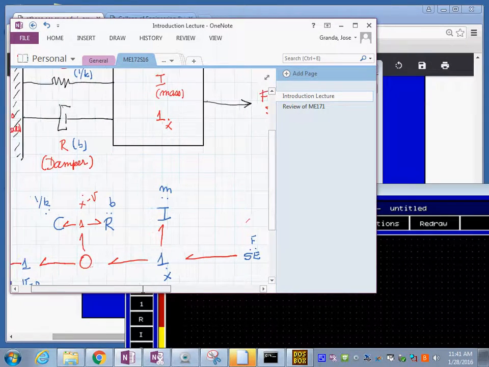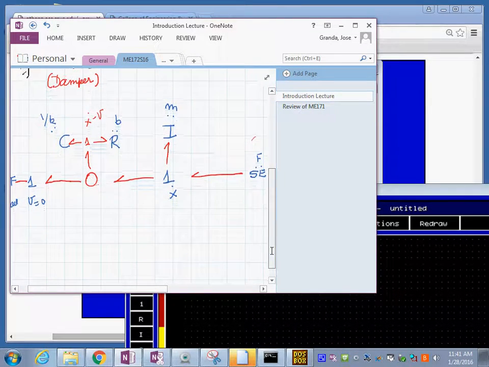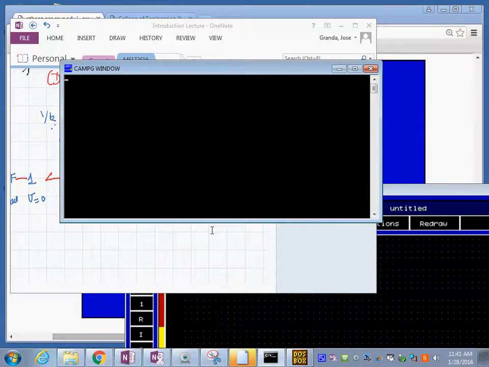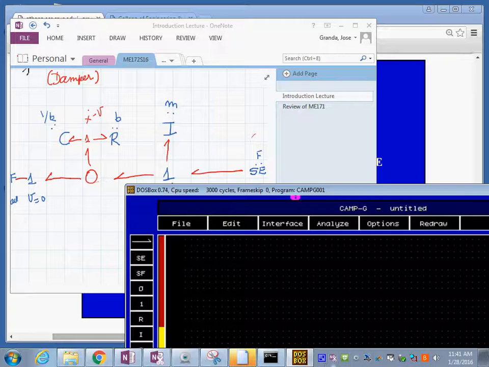So in here, I just want this picture, right? So what I'm going to do is put that picture in here, and then we'll use the software.